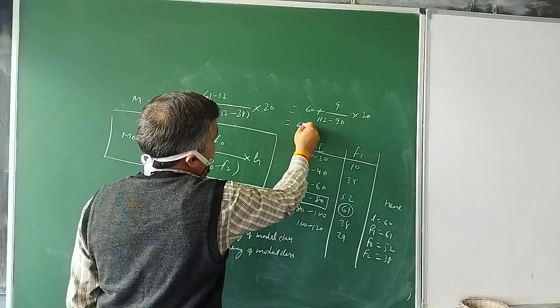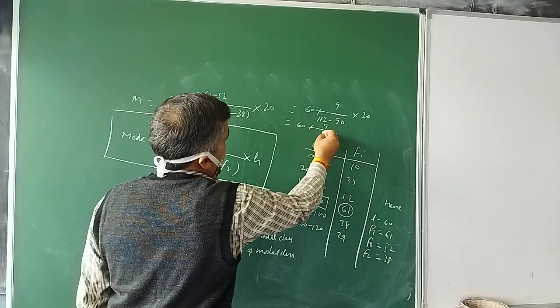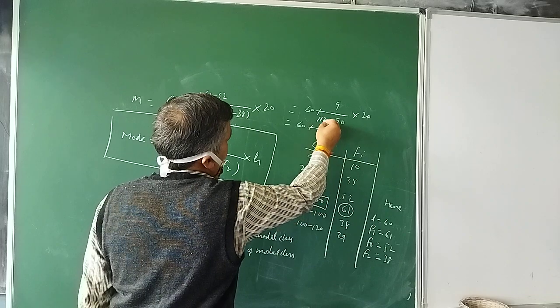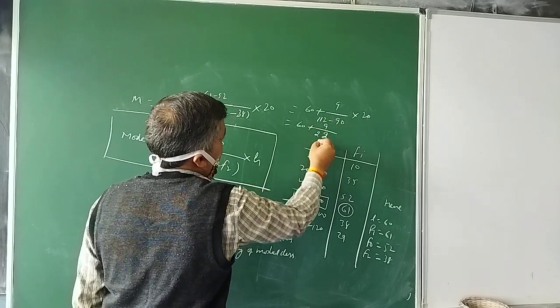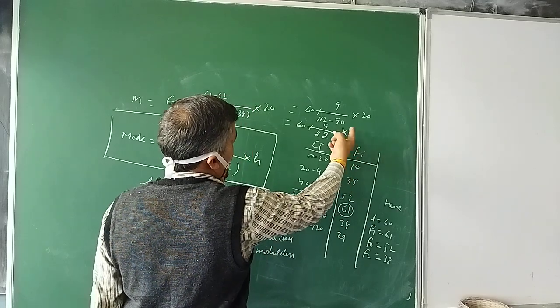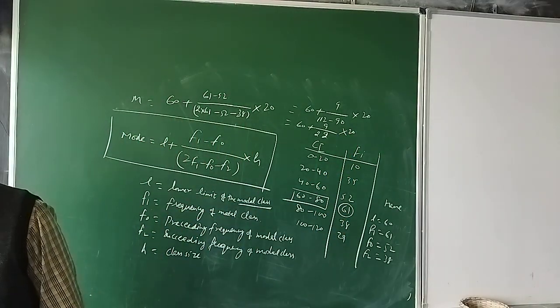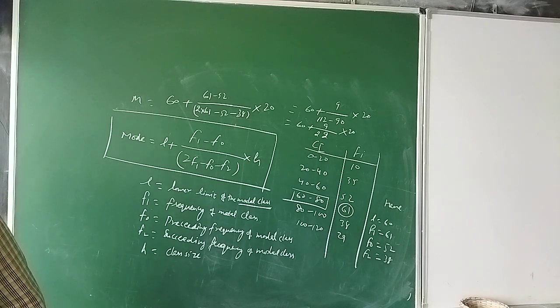So 60 plus 9 upon 32 into 20. Then do the calculations to write the answer. So you will be able to find the mode of the given data.